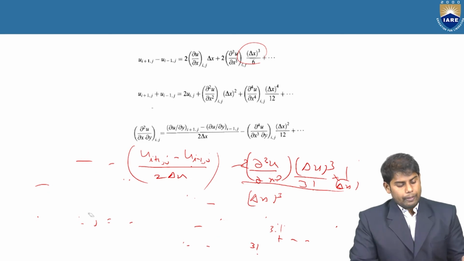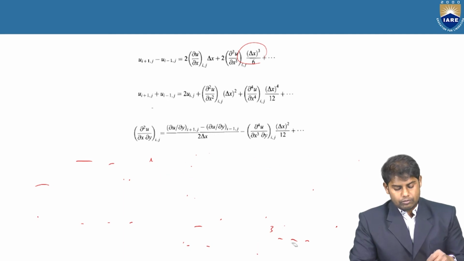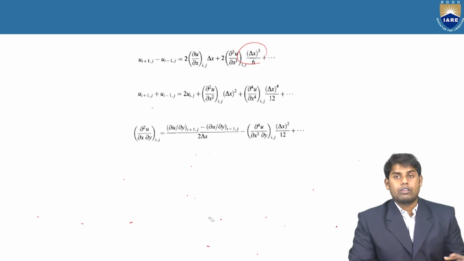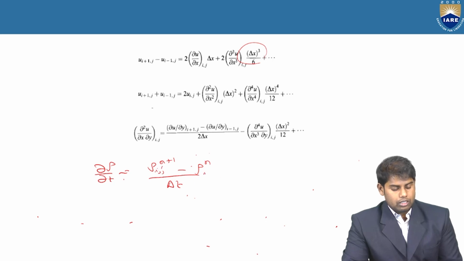Till now, why had we done ∂u/∂x or ∂f/∂x? Because in most places, let's take the continuity equation, which is ∂ρ/∂t. I already told you this time term we write as (n+1 minus n) divided by Δt, at a particular point.